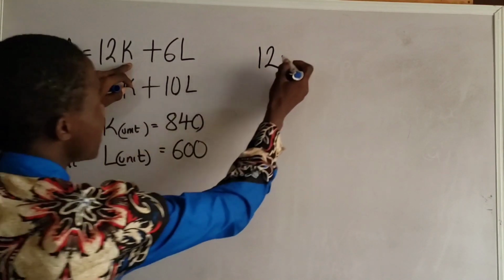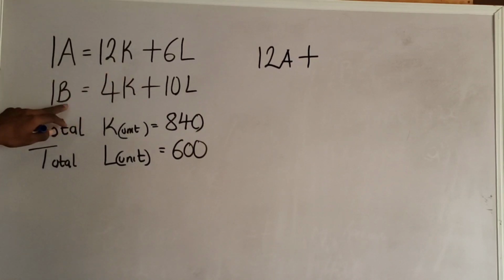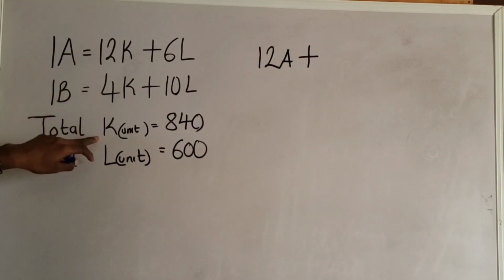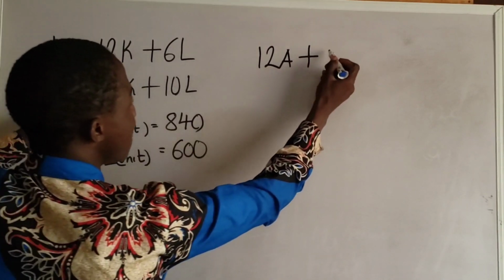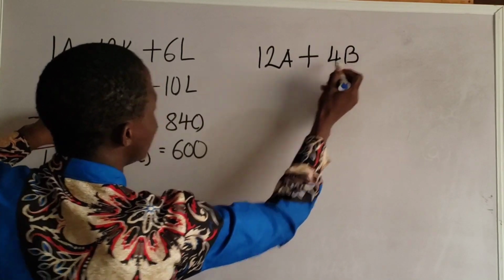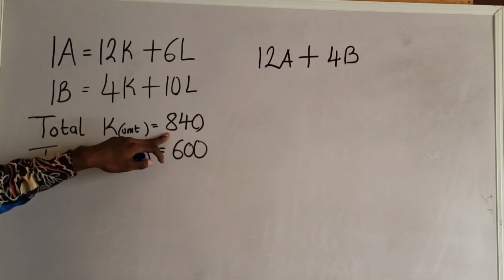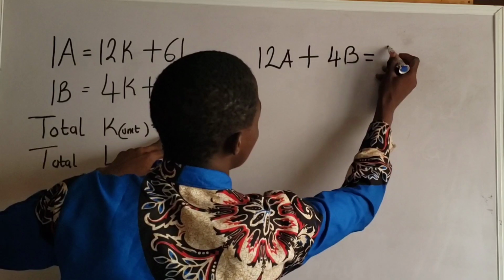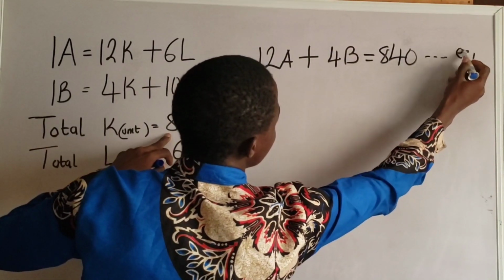So I'm going to have 12A plus, now to produce product B, the amount of units of K that is required is 4. So I'm going to have 12A plus 4B equals the total unit of K that is available for the firm, which is 840. This is equation 1.